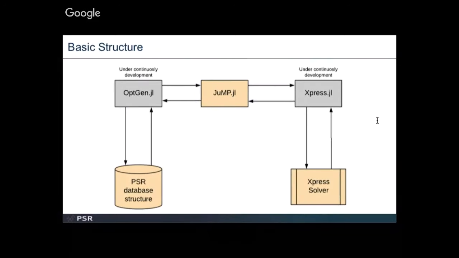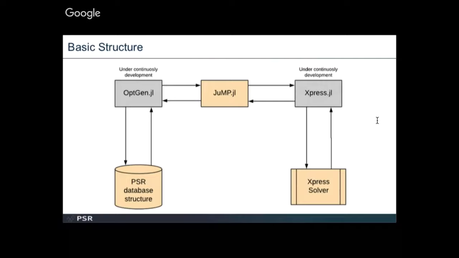Talking about the basic structure of the model, it is fed by a PSR database structure, which can be filled using the interface of our models. We have a lot of database structures for countries like Brazil and Chile. We build a database, basically text files, CSV files, and the Optgen model reads those files to build all the constraints I just mentioned.